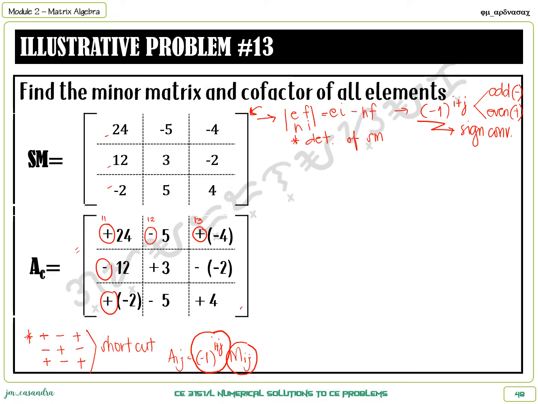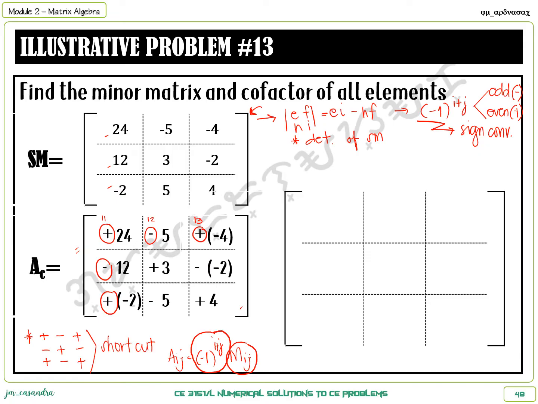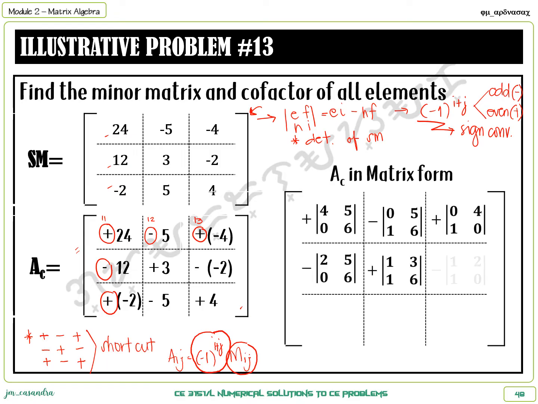So if the problem asks that you write the cofactors of all of the elements in matrix form, then what we will do is simply write the grid of your minor matrices. So for A11, it is this. Okay? So we write it in matrix form.